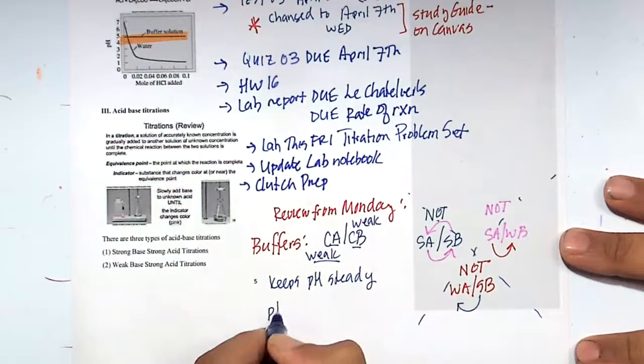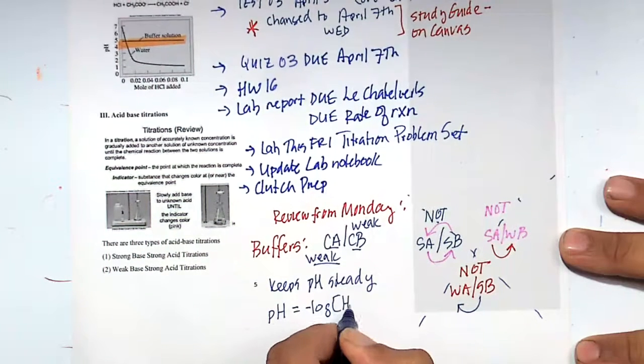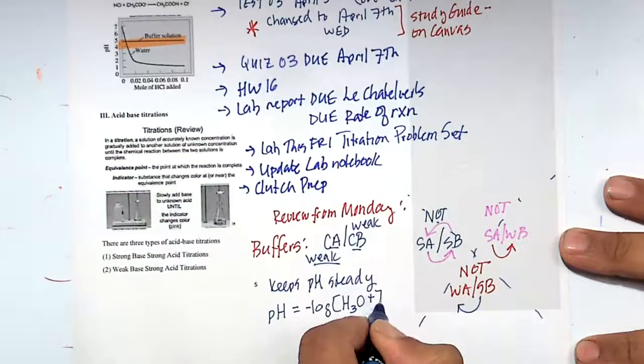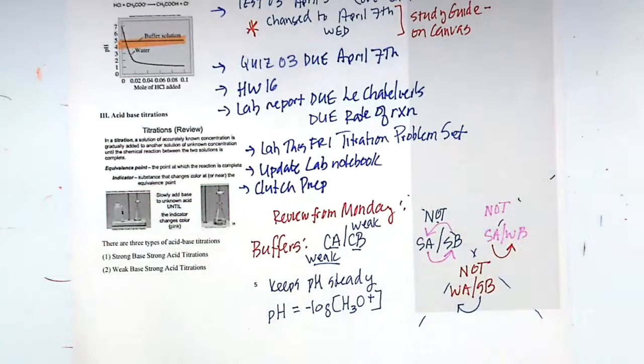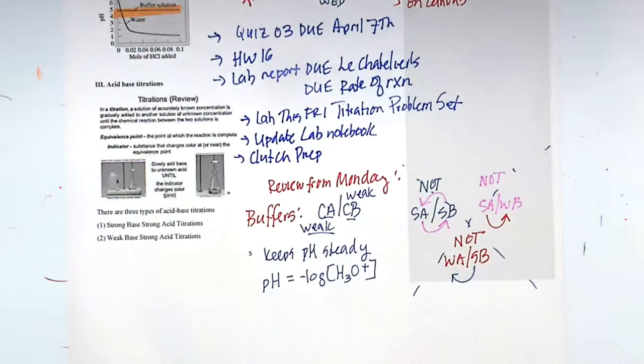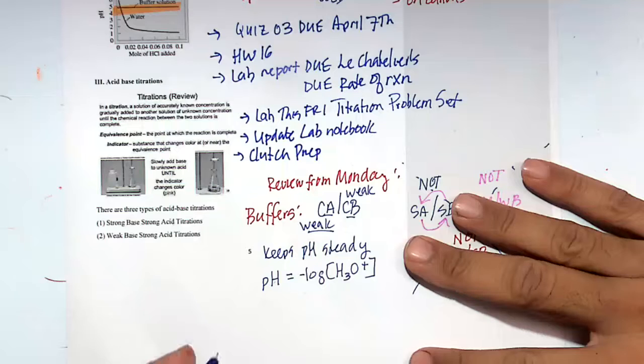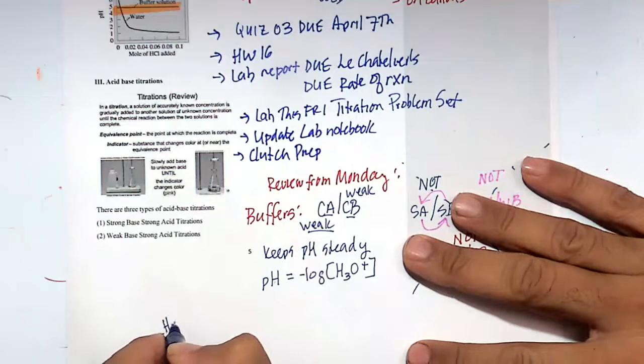And remember for your exam, pH is minus the log of the hydrogen ion concentration. So that's a good equation to know. And then one final thing, I'll give you this equation on the exam. There's something called the Henderson-Hasselbalch Equation.